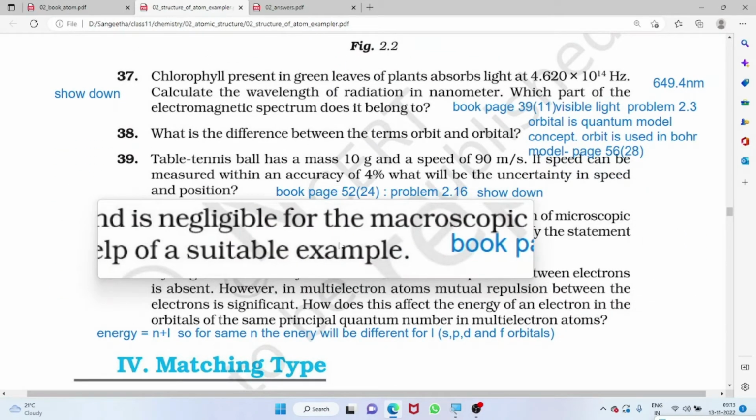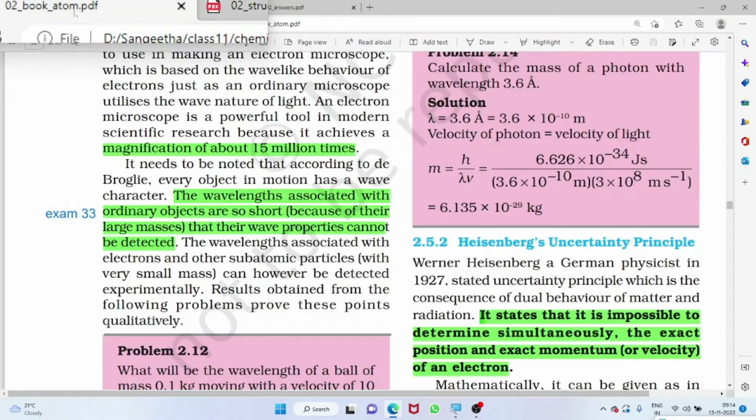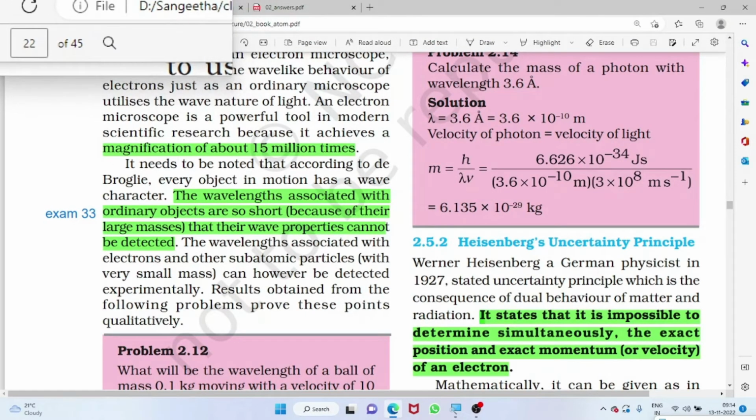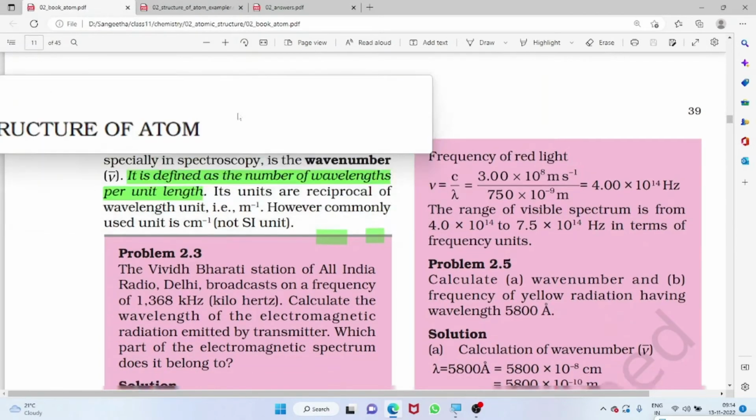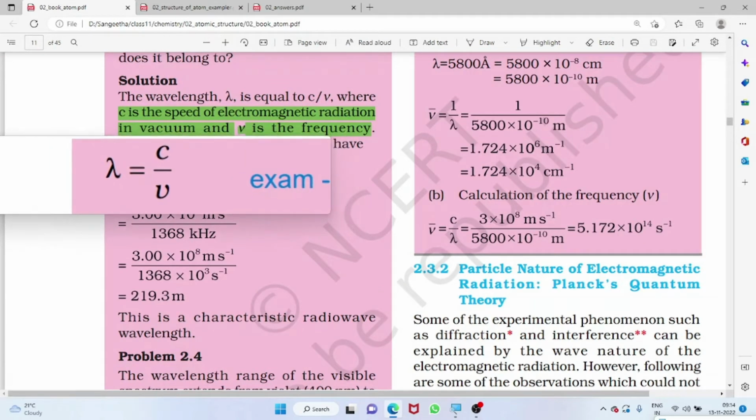Chlorophyll present in green leaves of the plants absorbs light at this frequency. Calculate the wavelength of the radiation in nanometer. Which part of the electromagnetic spectrum? You have to compute the wavelength like this.